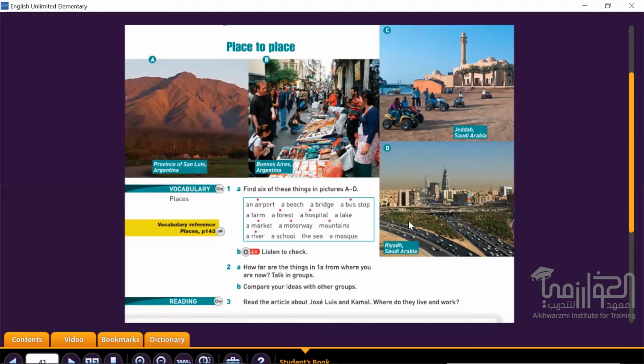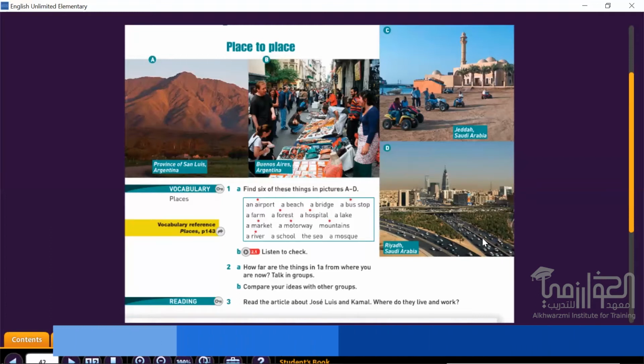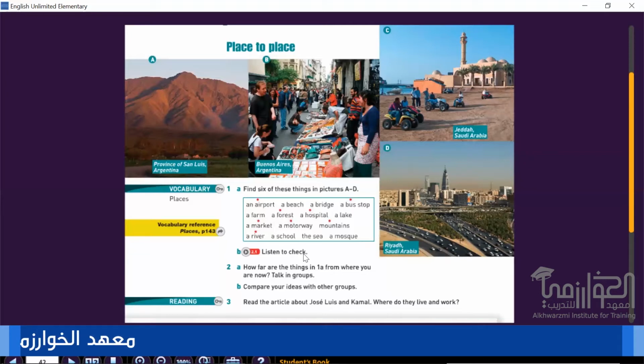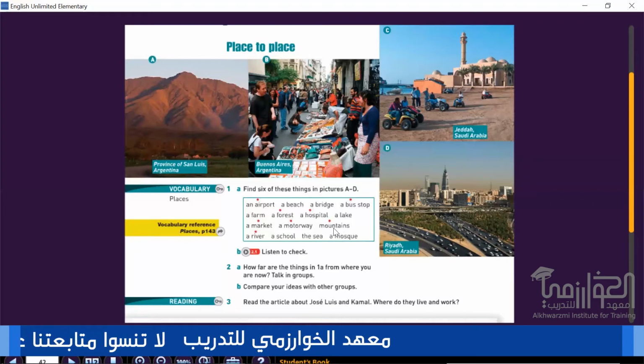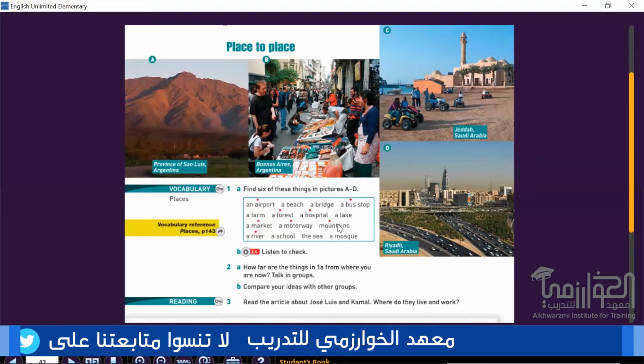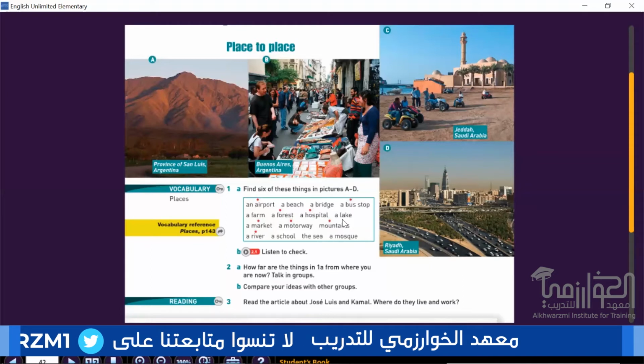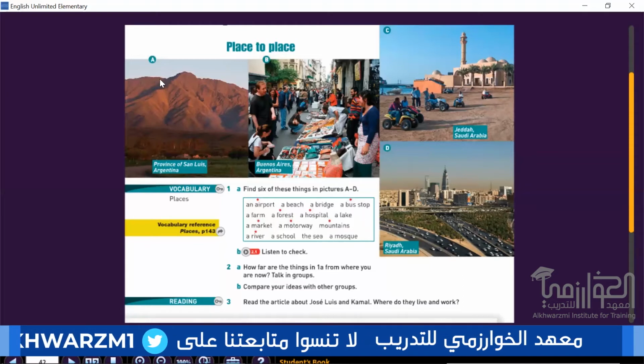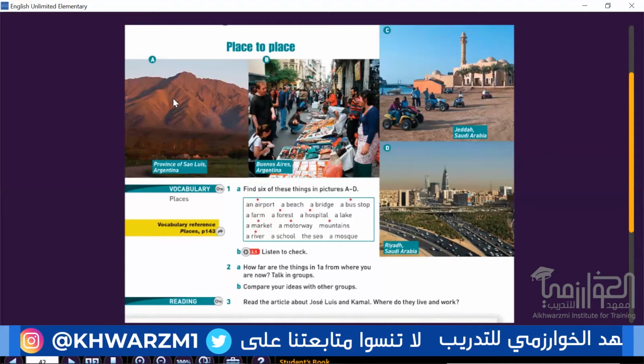You can see that some streets are entering the city of Riyadh and some are getting out of Riyadh onto the main streets. And then the next word is mountains, Jabal. Where can we see a mountain in the photos? Yes, picture A is a mountain, very good.